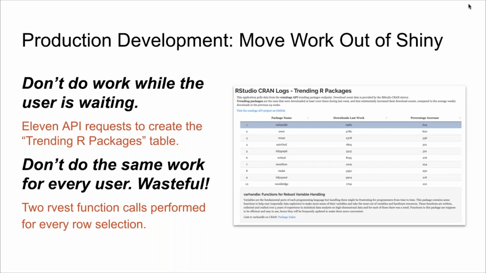And then once a user is on the application, I'm calling rvest two times to perform that metadata scraping for each row selection that occurs. So that would be repeating that same work over and over again for every user, which again, very wasteful.